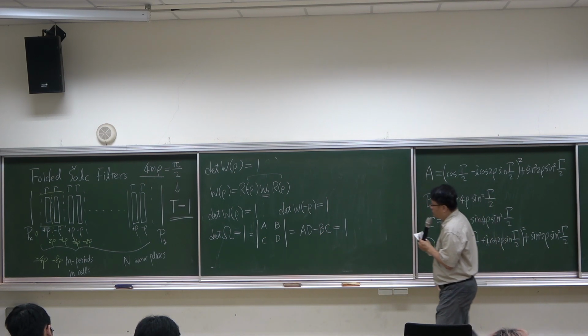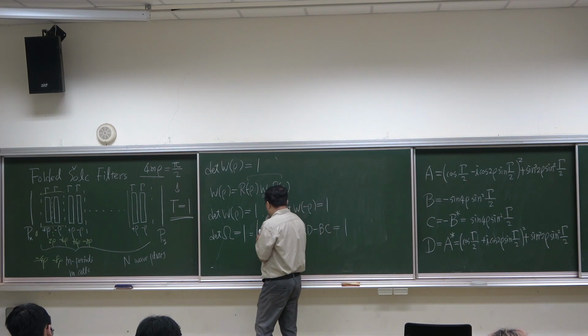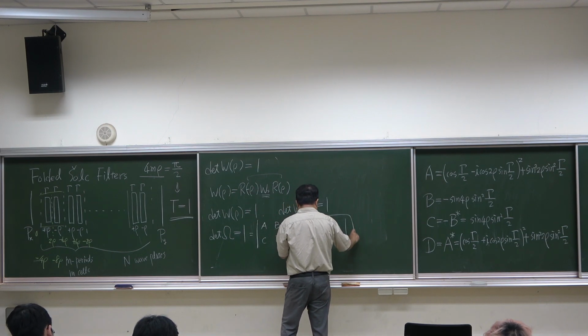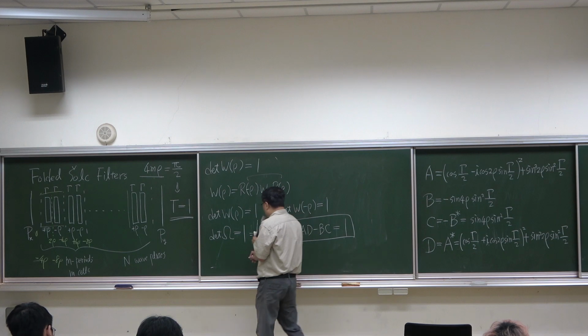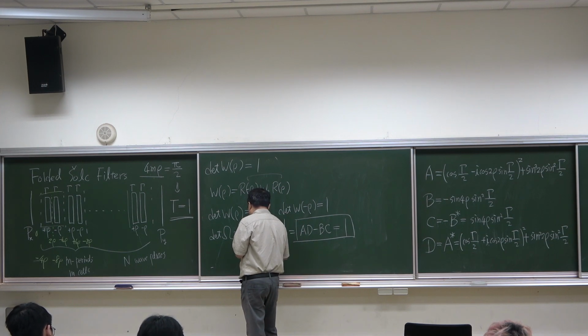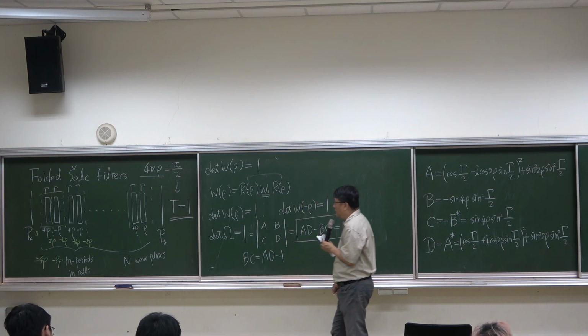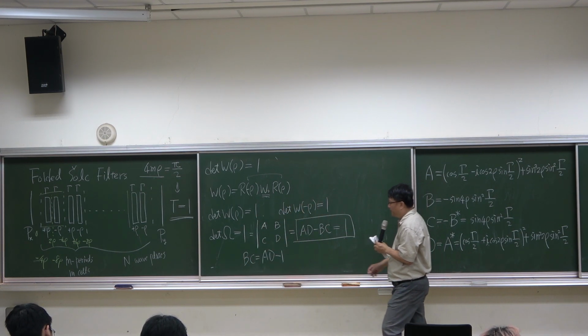Okay? So, using this relation, we can write BC as AD minus 1.